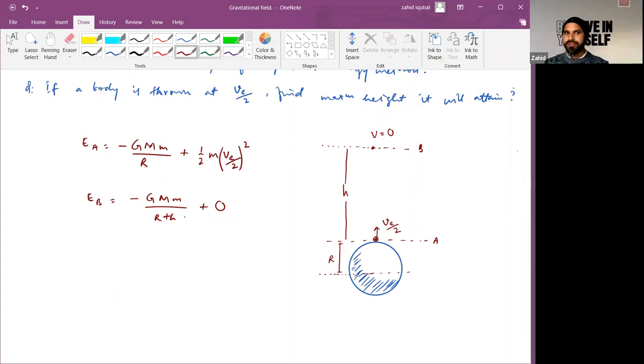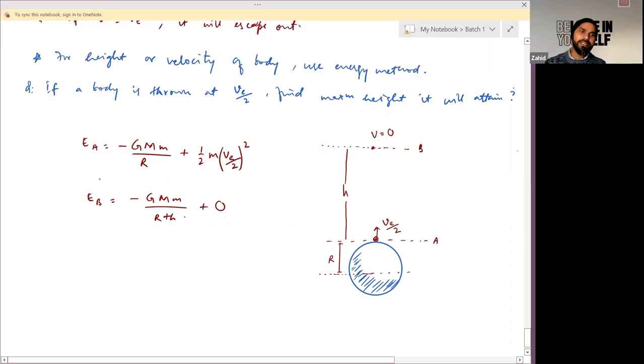Now, according to conservation of energy, we can equate these two equations. So energy at point A equals energy at point B. At point A is minus GMm by R plus half m, v is root 2GM by R, on squaring.